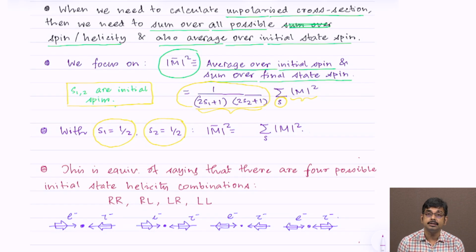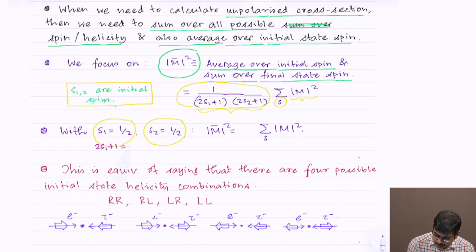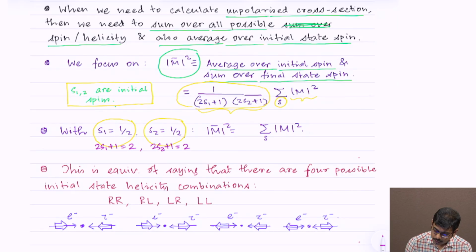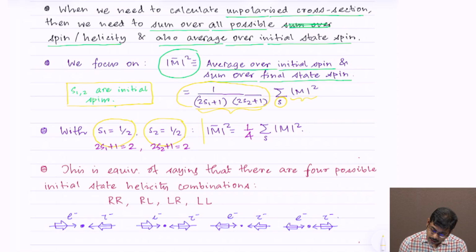This is going to be a factor of 1 by 2s1 plus 1, which is 2, and 2s2 plus 1, which is also 2. So, this will be 1 by 4 of the sum over S of mod M square. This is what we will actually calculate.